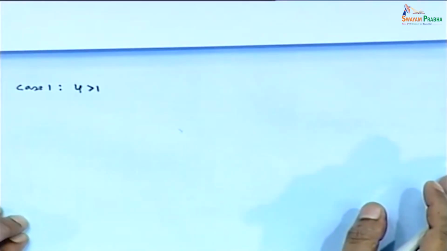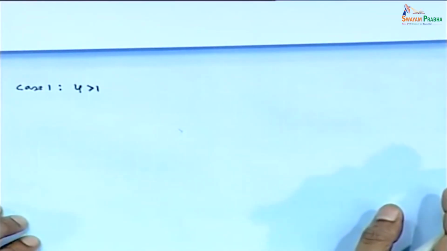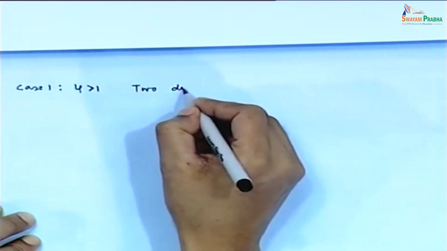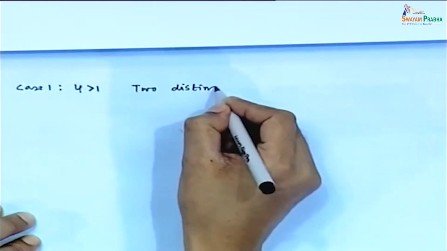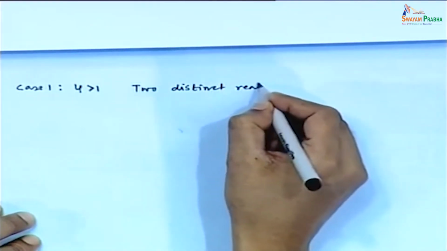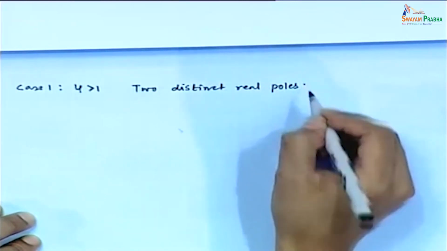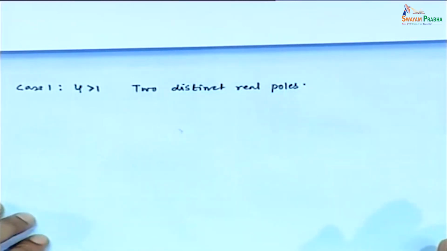You see from the expressions of P 1 and P 2, if we consider zeta greater than 1, we get two distinct real poles.